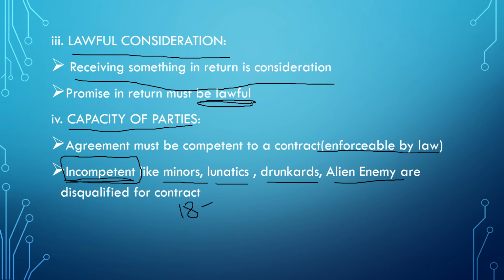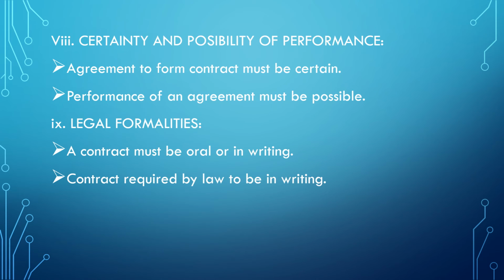So for a valid contract, you should not have any contract with incompetent persons. And the next one is certainty and possibility of performance. This means the performance for entering into a contract must be very certain and very possible.